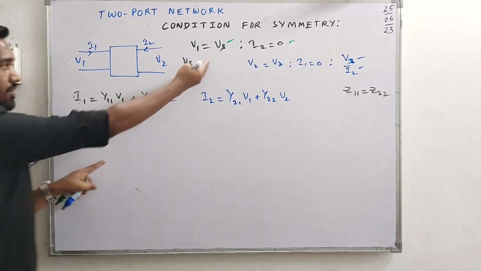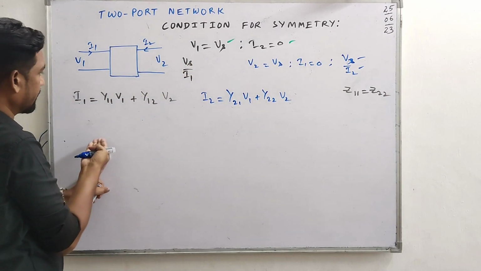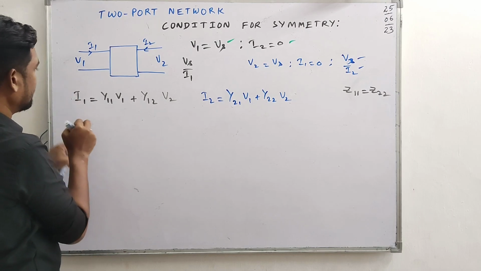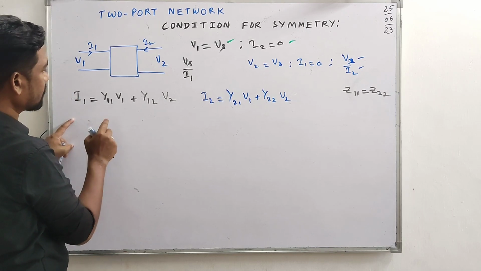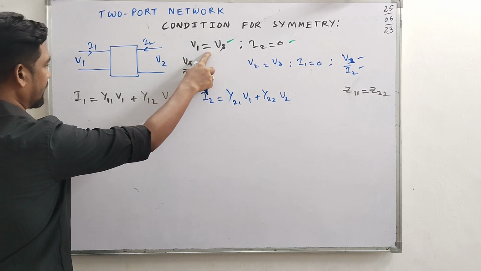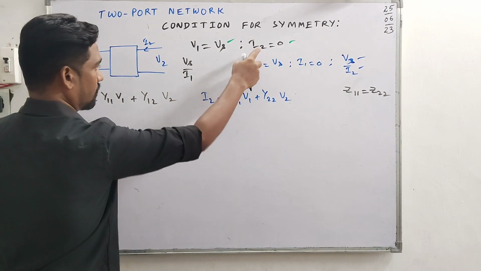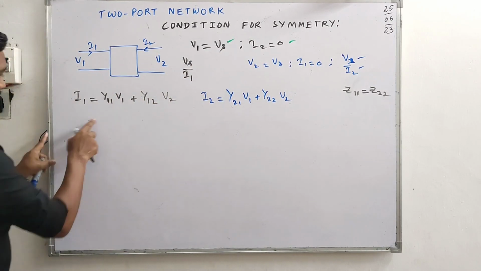The same condition is plugged in here. For the first one, V1 should be equal to Vs and I2 should be equal to 0 for the input impedance to be calculated.